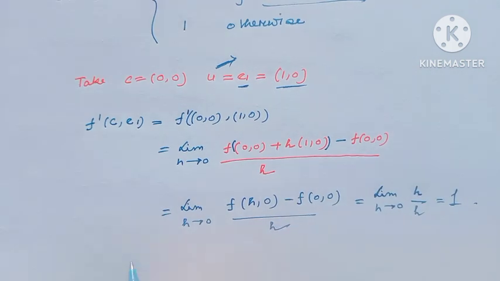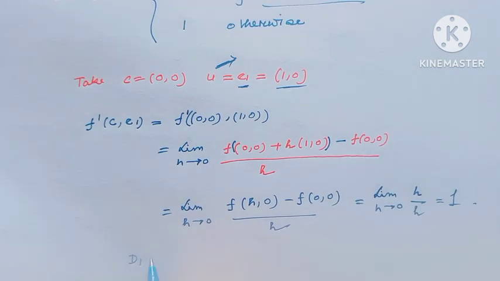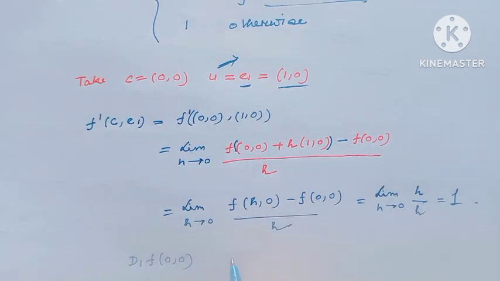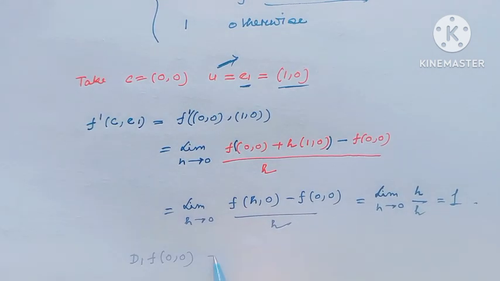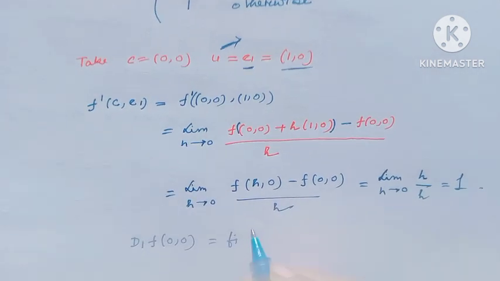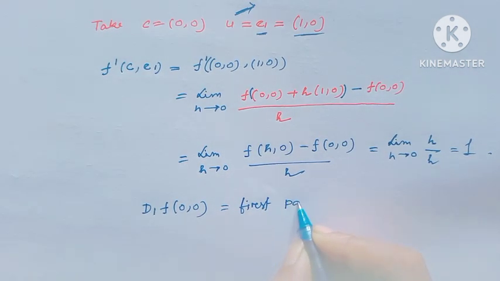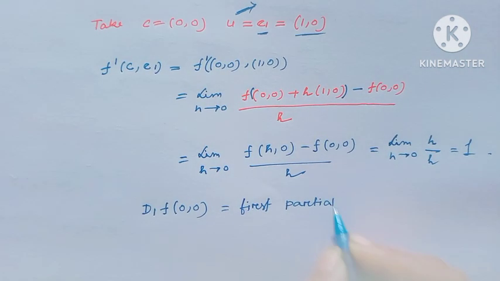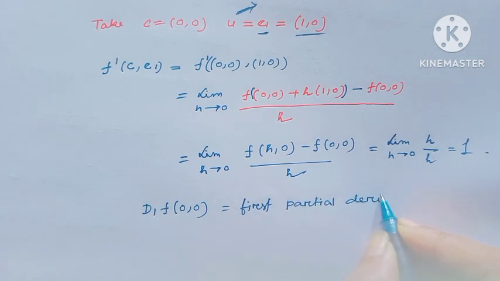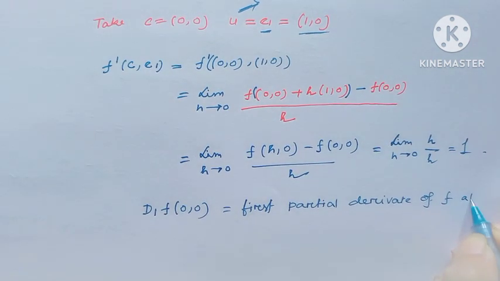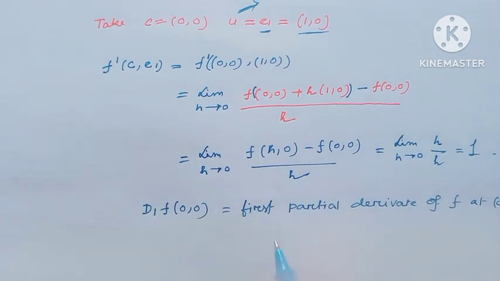That means the first partial derivative D1 f at (0,0) is equal to 1.